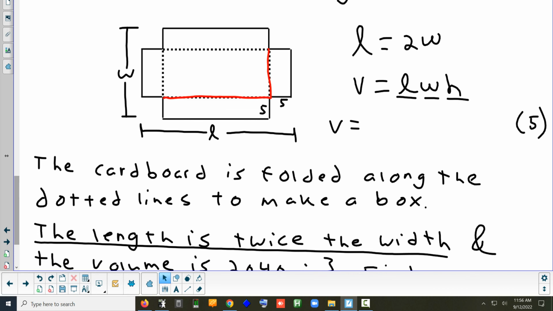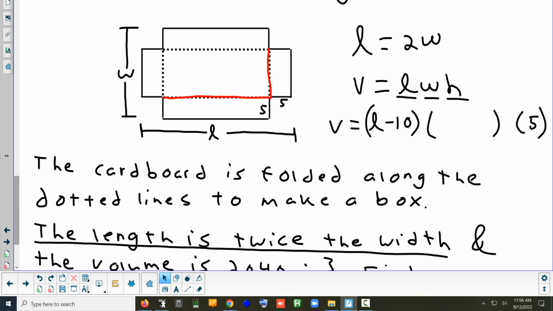We cut 10. So the tray's length is the original L, which is 2W, minus the 5 we cut off each side.